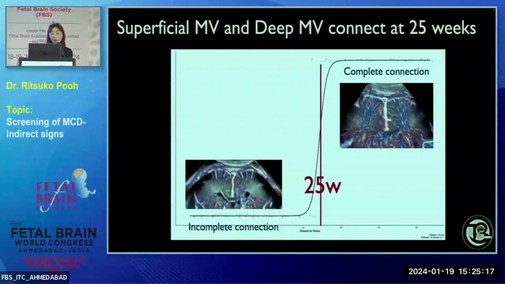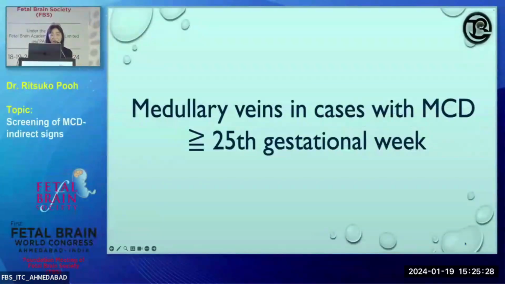You remember the Sylvian fissure became rectangular at 25 weeks of gestation. So 25 is something, right? And in the medullary veins, in cases with MCD, over 25 weeks of gestation. Before 25 weeks of gestation, it is not connected.